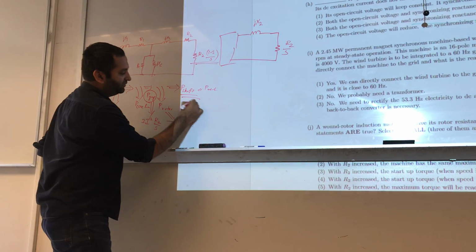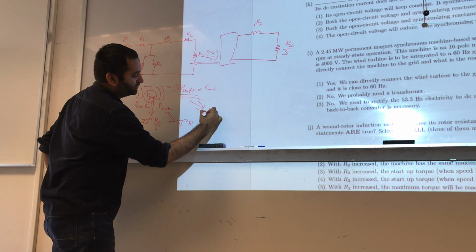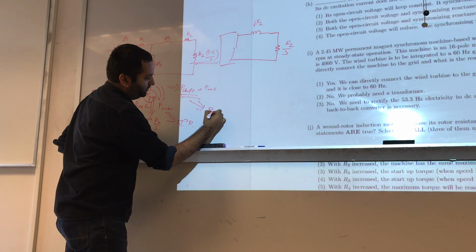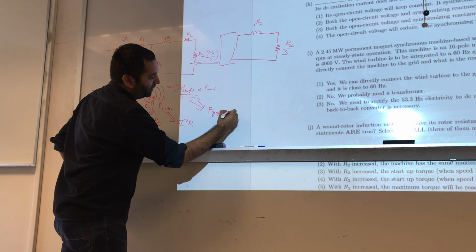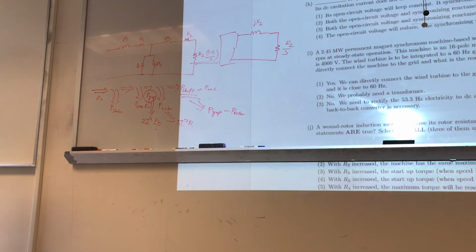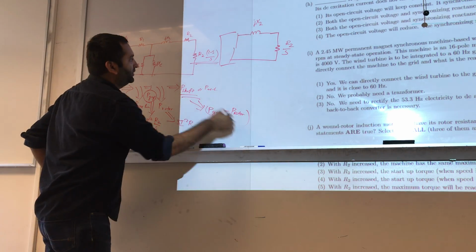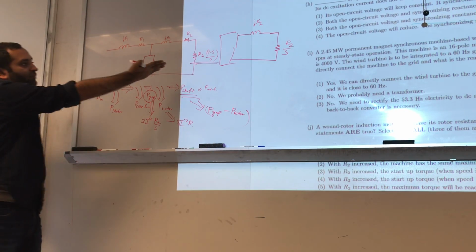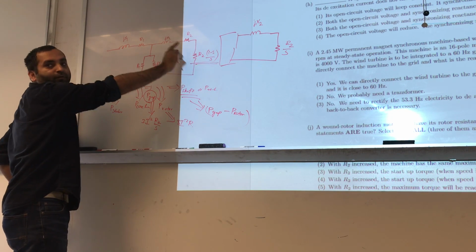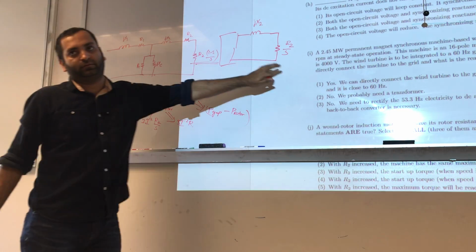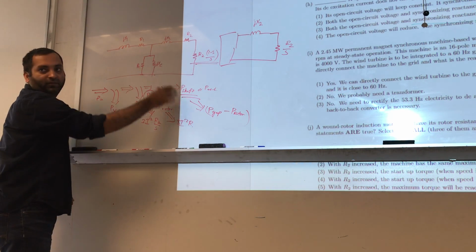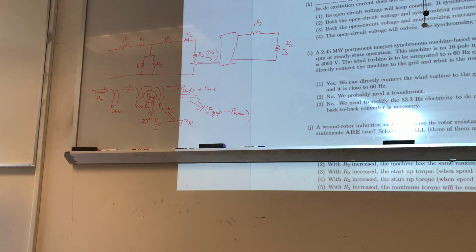So the P shaft should be equal to P gap minus P rotor. In this equivalent circuit, I have separated the R2 and put here R2 times (1 minus S). If you add both of them, you will get R2 over S, just to make sure this makes sense with the circuit.